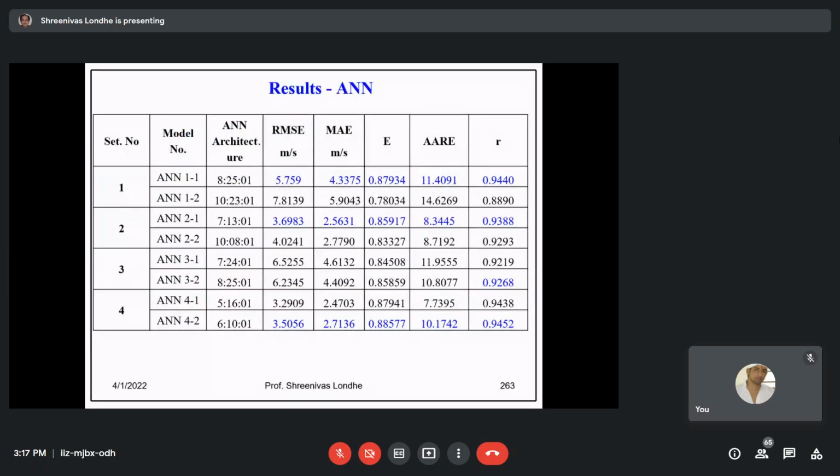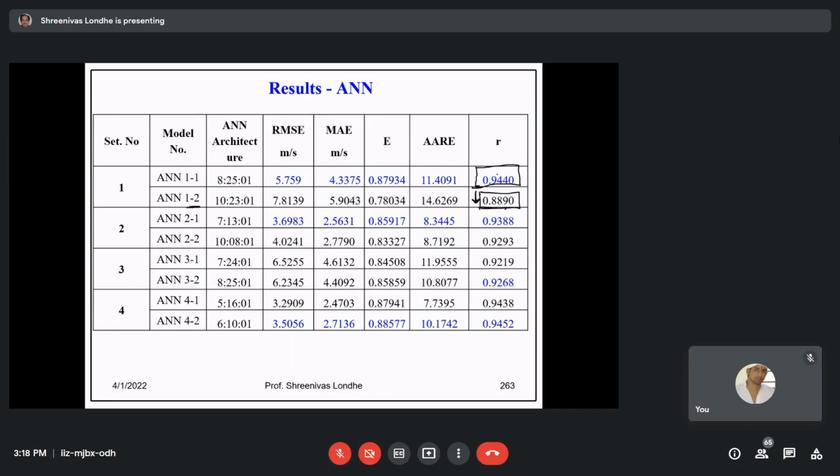Now see the results. The result for ANN 1-2, that is with the material properties, was 0.88. Of course, there is a slight reduction. In fact, there is quite an amount of reduction as compared to when the model was developed with only the ingredients in kg per meter cube as my input parameters.